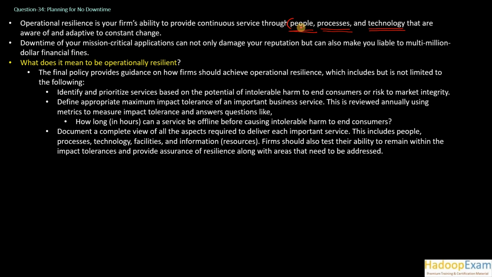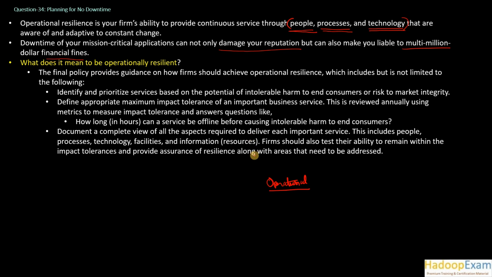This is a very important thing for operational resiliency. Operational resiliency means your operations should continuously work correctly as per commitment, and your platform should be available. Downtime of your mission-critical application can not only damage your reputation but also lead to multi-million-dollar financial fines.